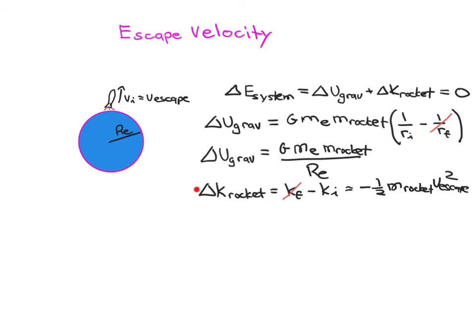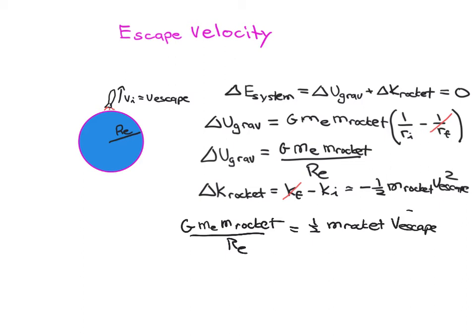Okay, so now we're just going to plug this expression for delta K rocket and this expression for delta U grav into our conservation of energy statement. And we get, with some slight rearrangement, that G M_E m_rocket over the radius of the Earth is equal to 1/2 m_rocket times the escape velocity squared.